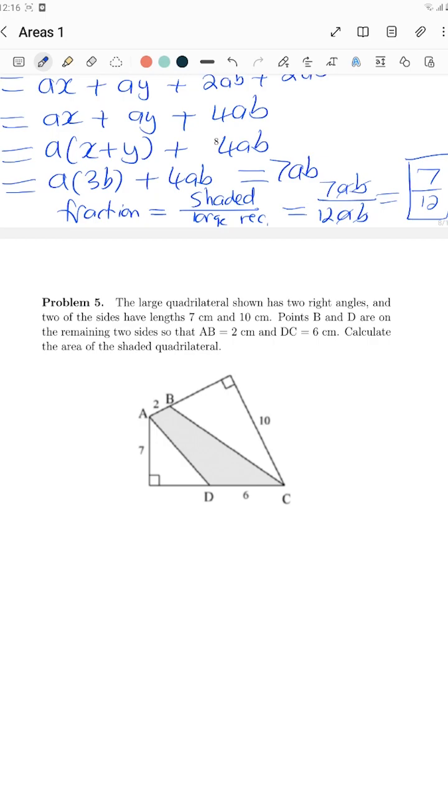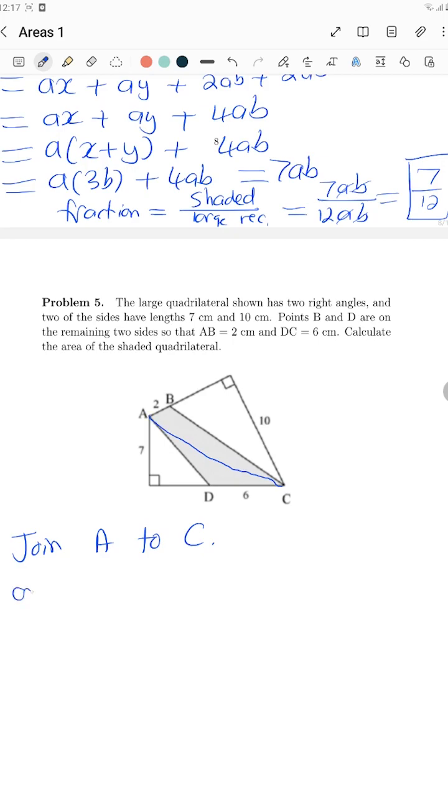So can we turn quadrilateral ABCD into parts that consist only of triangles? Can we triangulate it? Yes, we can. So the key step, the genius step to solving this problem is join A to C. So now let's join A to C in a straight line.